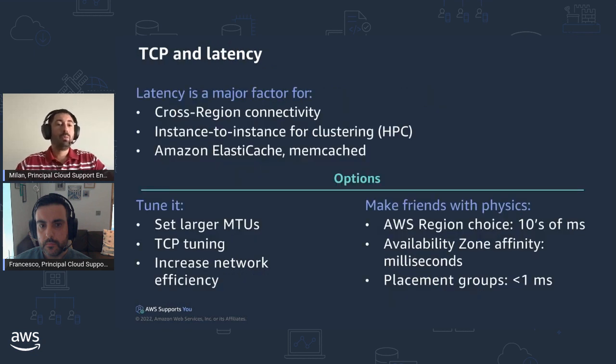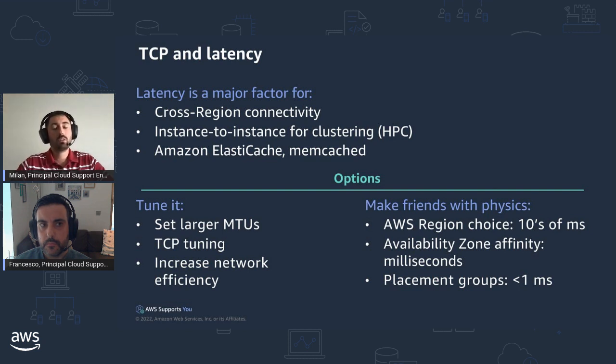So TCP and latency: latency, as I said, is a major factor for a lot of things, especially when we talk about things like cross-region connectivity. It takes time for a packet simply to go from point A to point B, and the further they are away, the higher the latency. So we have to take care of those use cases.